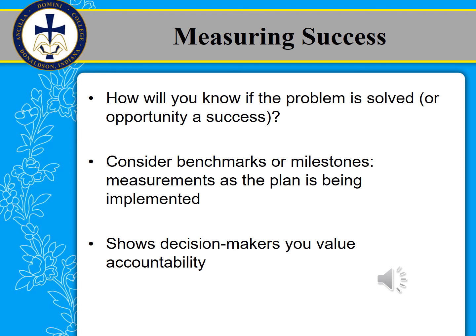So if you're working on the problem that people speed up and down 9B Road, and we put in speed bumps, or we station a security officer, or whatever solution you come up with, how are we going to know this is effective? Well, we can take surveys from the people who walk back and forth and say, have you noticed a difference? That's certainly good.